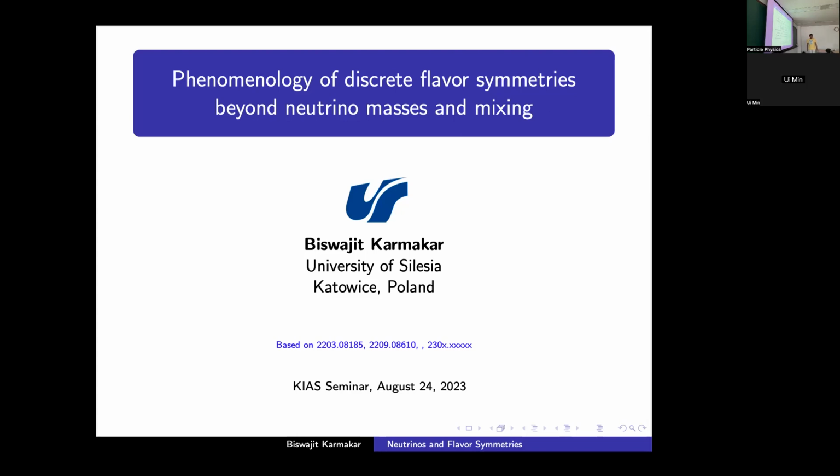What is the reason for using different phi S and phi A here? If you consider the same phi S and phi A here, the mass matrix which you will have will be incompatible with the data. So to have observable neutrino mixing, we have considered this.